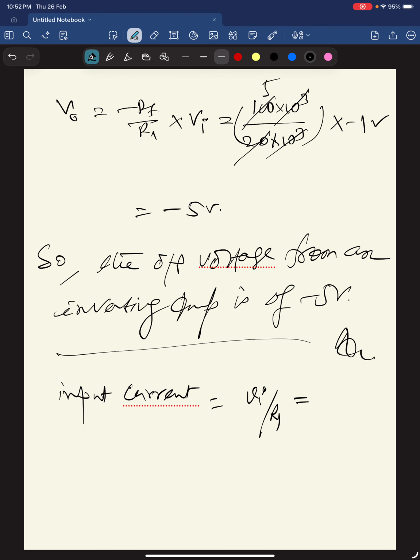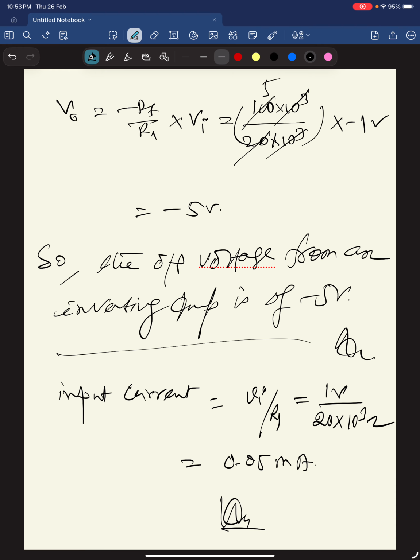So Vi is equal to 1 volt, R1 is equal to 20 kilo ohms. So 0.05 milliampere is the input current.